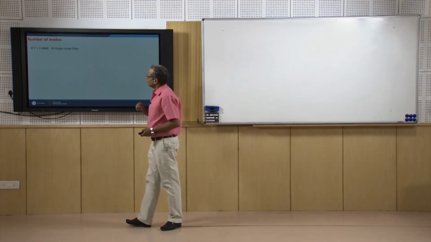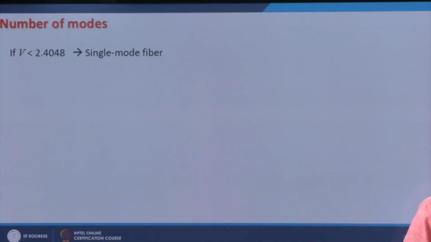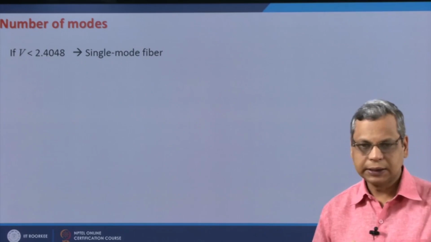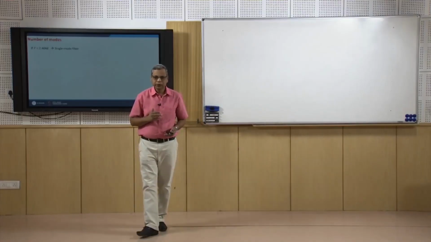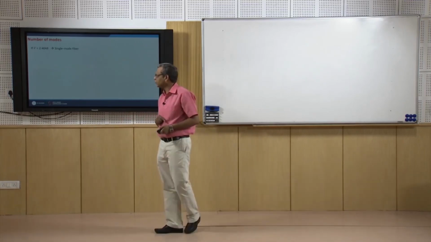So for V less than 2.4048 I have a single mode fiber, and this is how the cutoff condition for single mode operation comes, because 2.4048 is the cutoff of the first higher order mode, which is the LP11 mode.